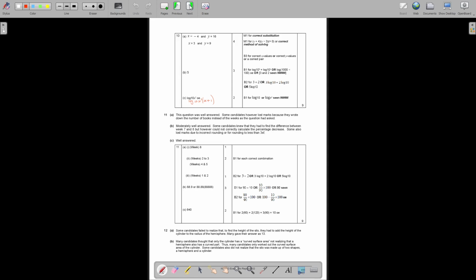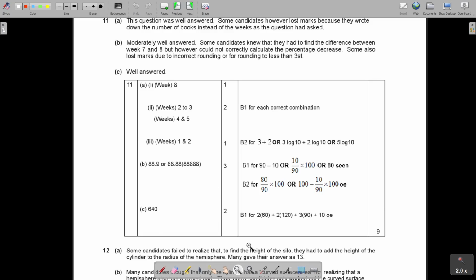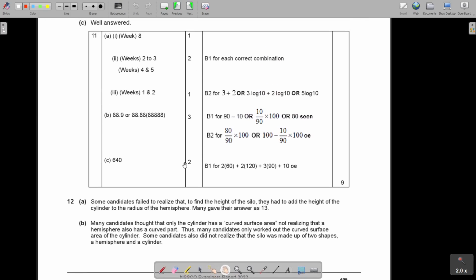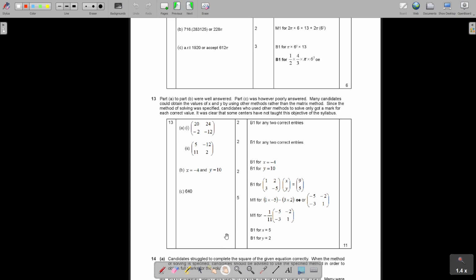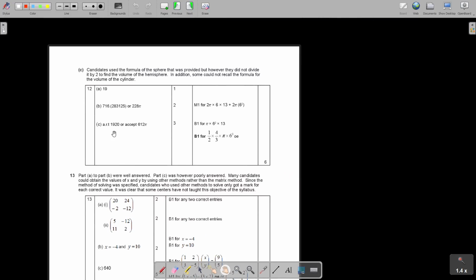And I'm at question 12. 11 is done. Okay, let's just quickly, before I start reading, I just want to quickly check here, because now the answers are still in your mind. 19, can you remember? 716.